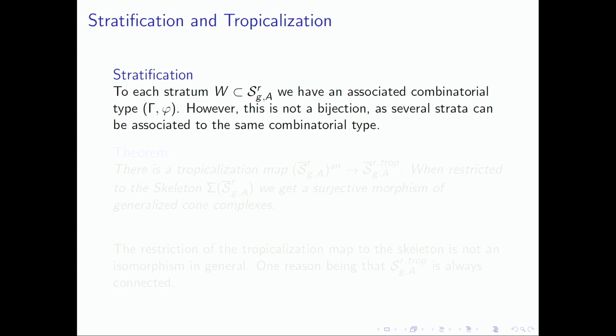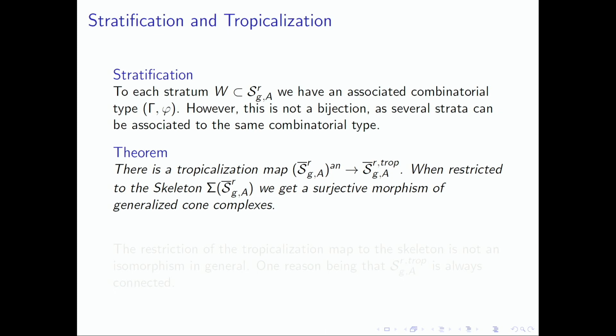And indeed, we have this statement. We only have the tropicalization map. And when restricted to the skeleton, we only have a surjection between the analytification, restricted to the skeleton, and the moduli space of tropical roots.